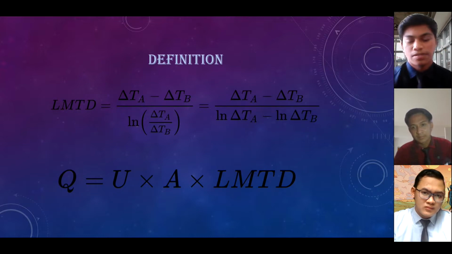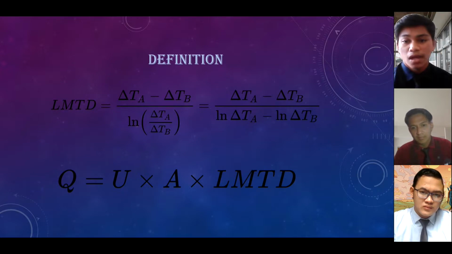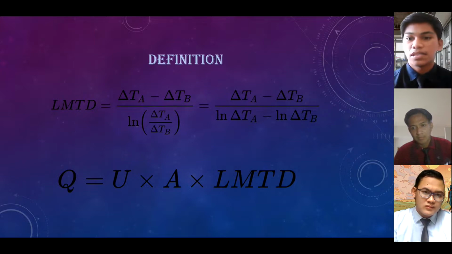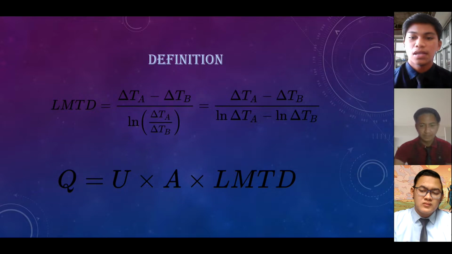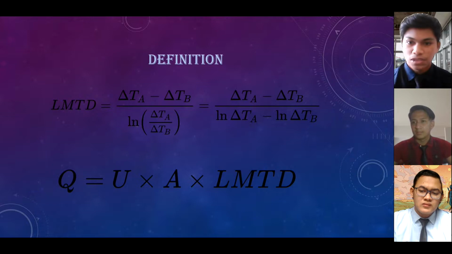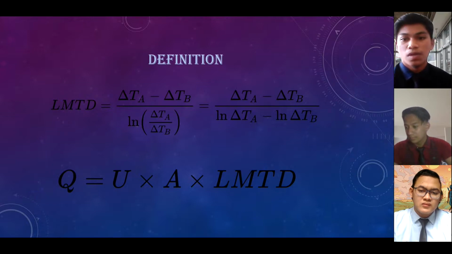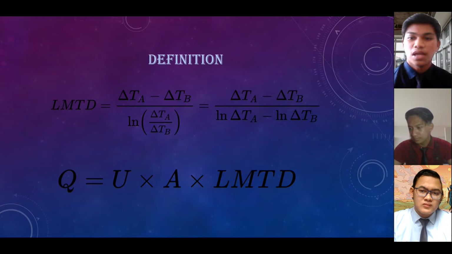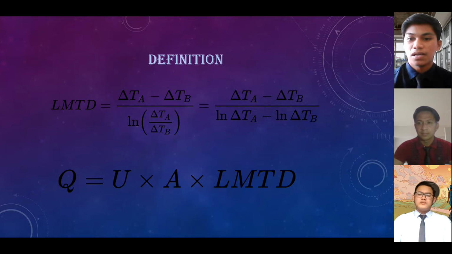So let me tell you the meaning of the equation. Where TA is the temperature difference between the two streams at end A, and TB is the temperature difference between the two streams at end B. With this definition, the LMTD can be used to find the heat in a heat exchanger.